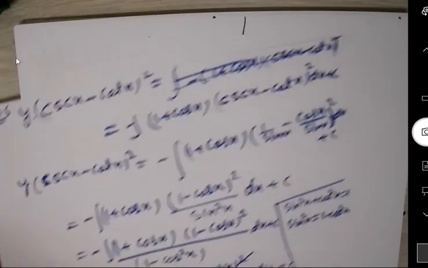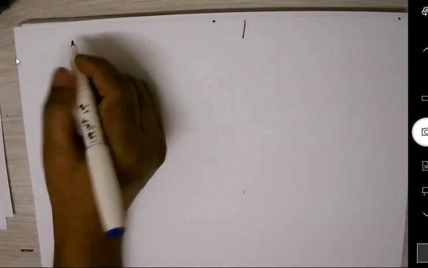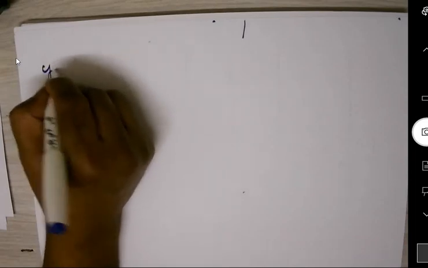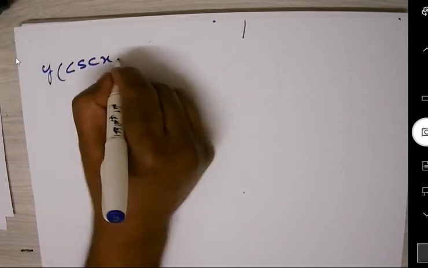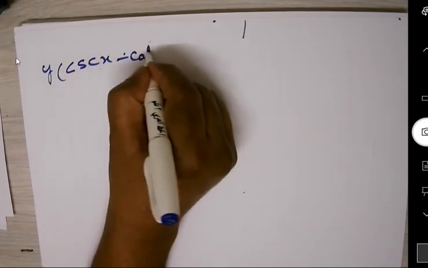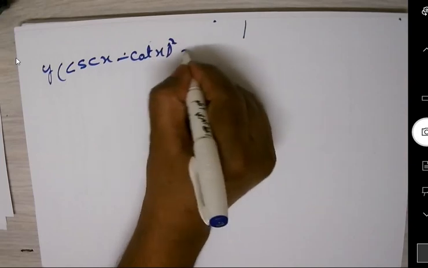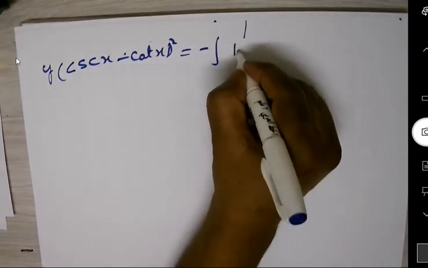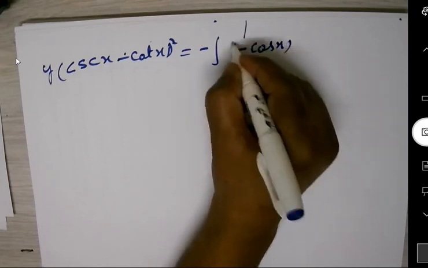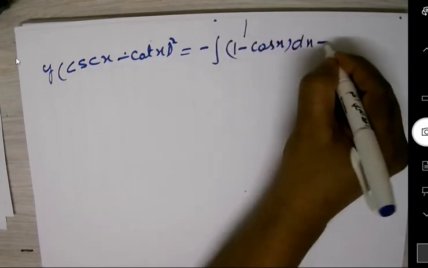So after that one, the general solution becomes now y times CSC of x minus cotangent square equal to minus 1 minus cosine x remaining part dx plus c.